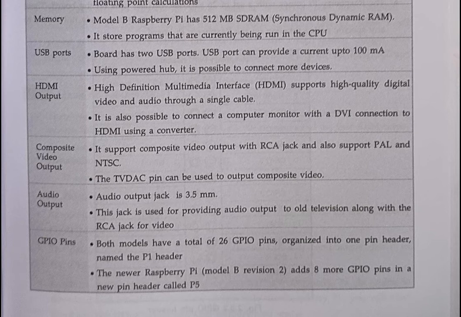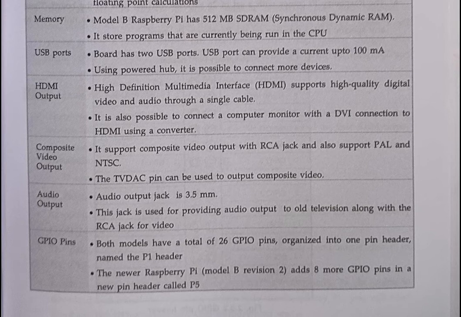It is also possible to connect a computer monitor with a DVI connection to the HDMI using a converter. If your computer is an old type and your monitor has a VGA cable, we can purchase an HDMI to VGA converter and connect the Raspberry Pi with the VGA type monitor.